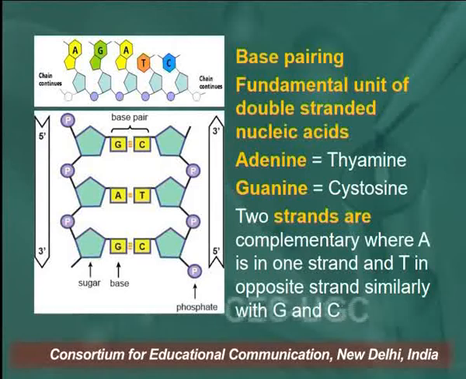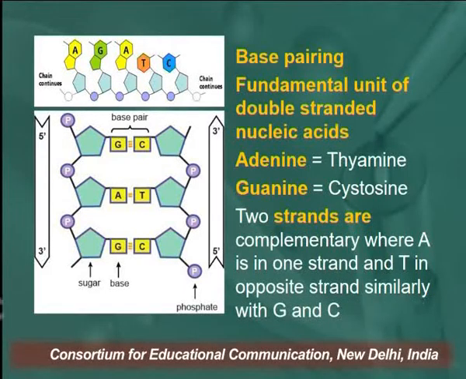Adenine always pairs with thymine and guanine always pairs with cytosine, and the two strands are called complementary strands, where adenine in one strand and thymine in the opposite strand are paired together through hydrogen bonding.